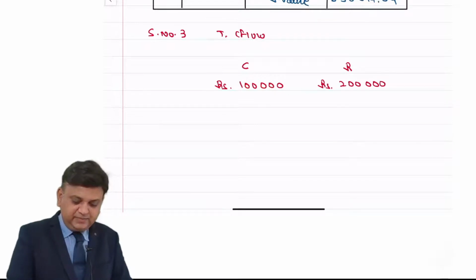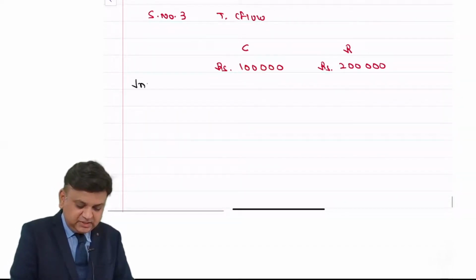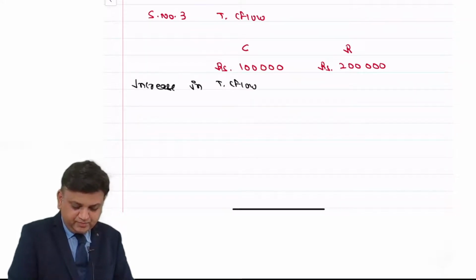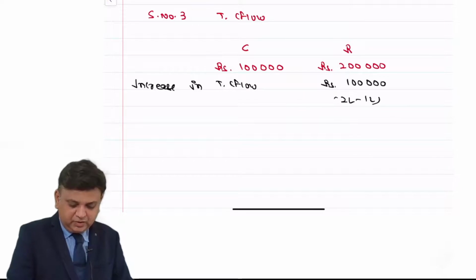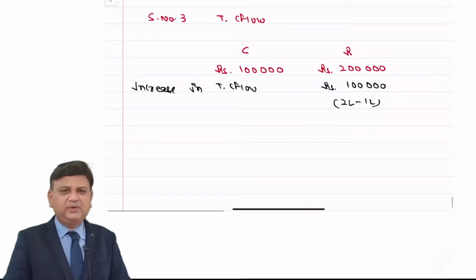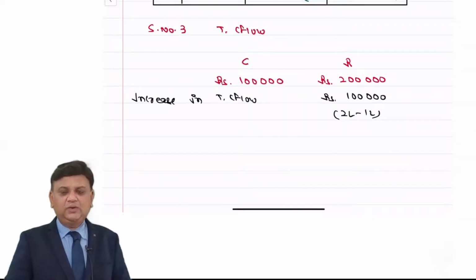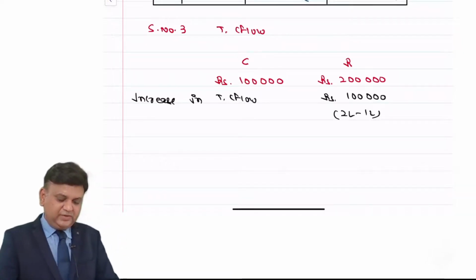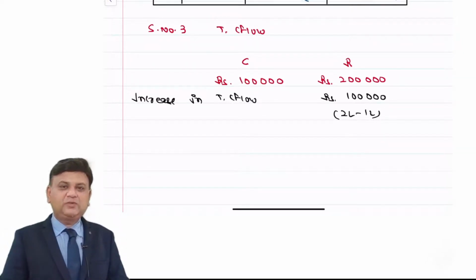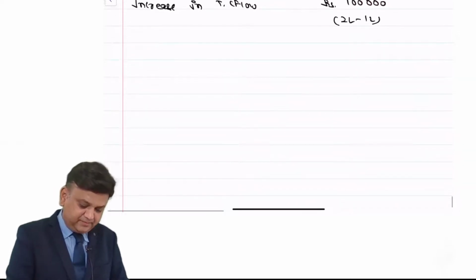So if we replace, there is an increase in terminal cash flow by rupees 1 lakh, 2 lakh minus 1 lakh. Okay, that's very simple. Working capital recovery is the only cash inflow. We understand that there is no cash flow in terms of the scrap value of the machinery.